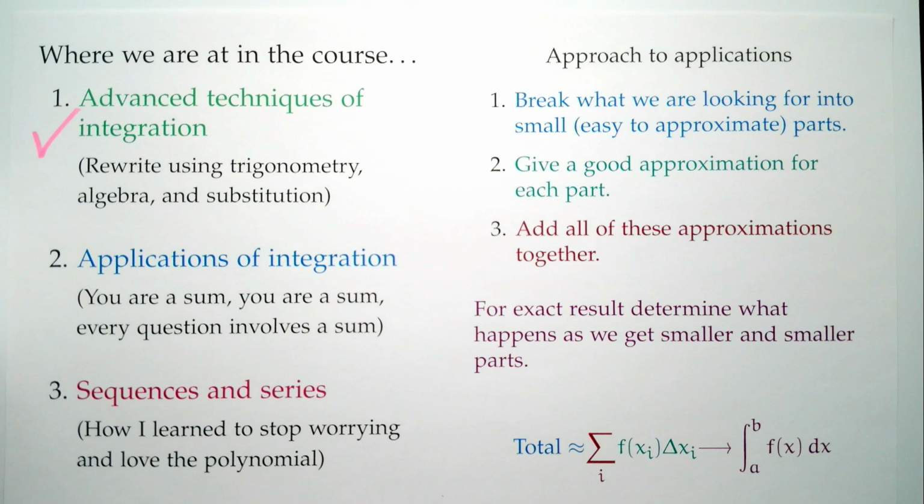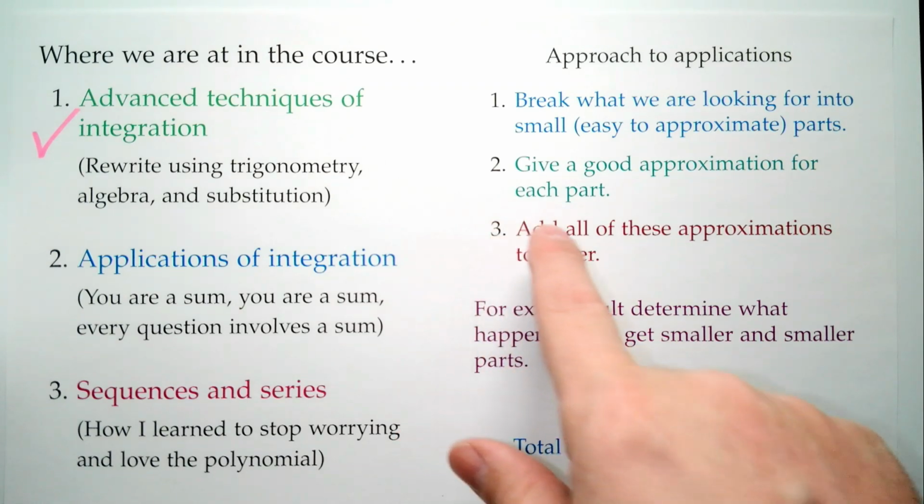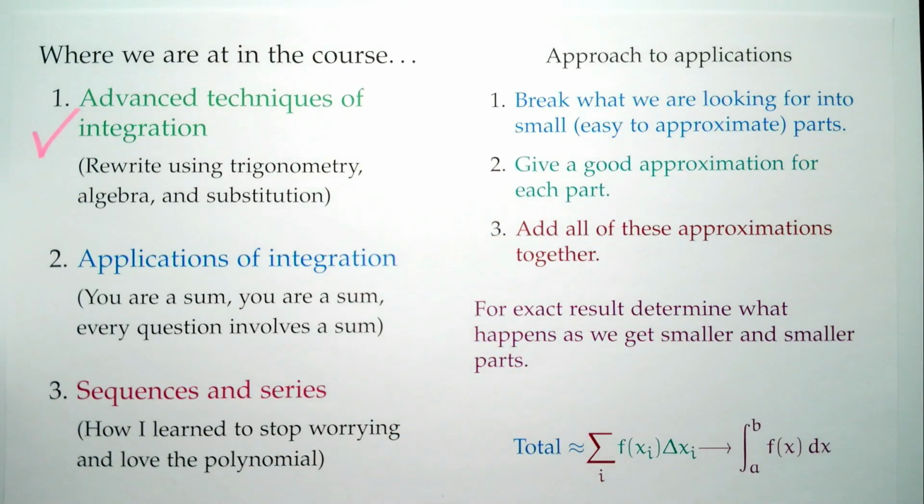But when we zoom in, that line becomes very flat and we understand it. Well, the same ideas apply here. We might have something which is varying quite a bit. But when we break into a small part, that small part acts pretty well. It's a well-behaved part. And therefore, when I break things into a small part, I can get a good approximation for that part. It won't be perfect, but it'll be good. And now I'm going to add all these approximations together, and lo and behold, that gives me the answer.